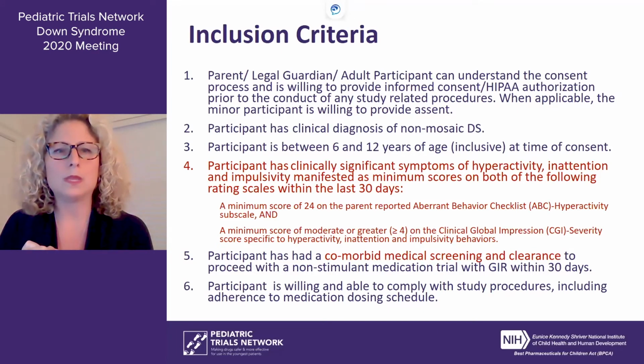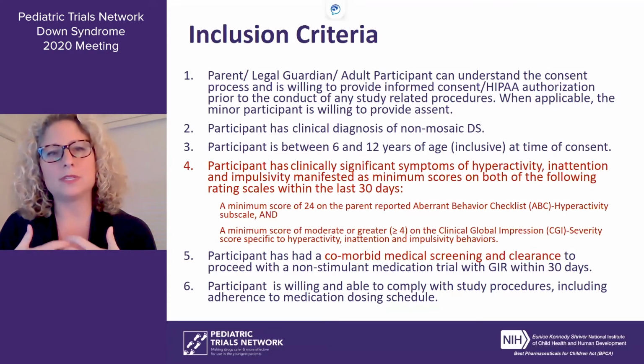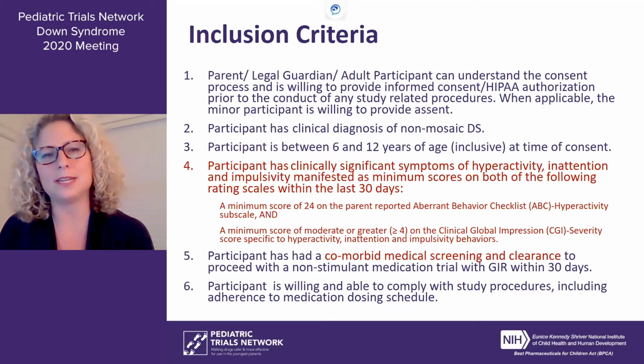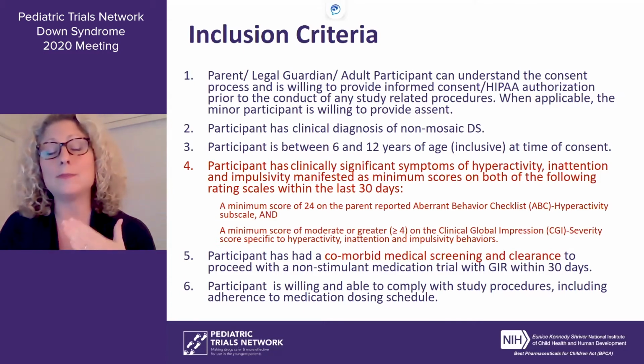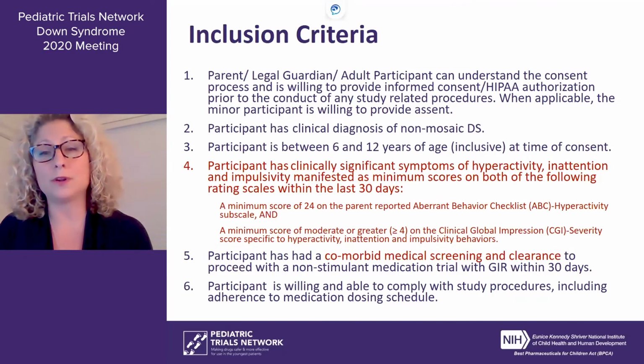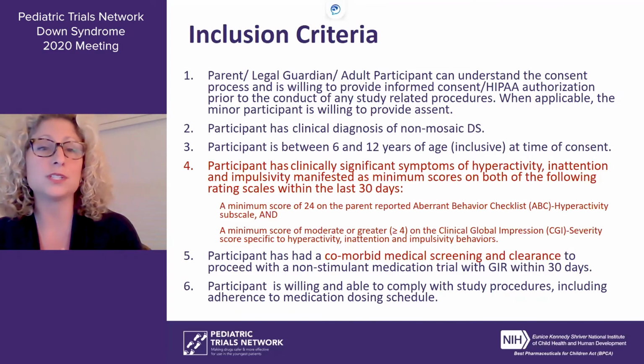as possible. We are going to limit it to children who are between 6 and 12 years of age, including 6 to 12. Most importantly, we wanted children to have clinically significant symptoms of hyperactivity, inattention, and impulsivity. And so that means that they need to manifest a certain score, a minimum score on the Aberrant Behavior Hyperactivity Subscale, as well as the Clinical Global Impression Severity Score.